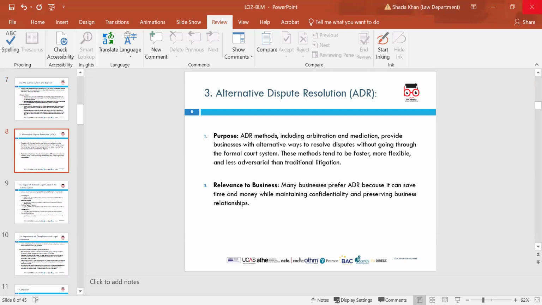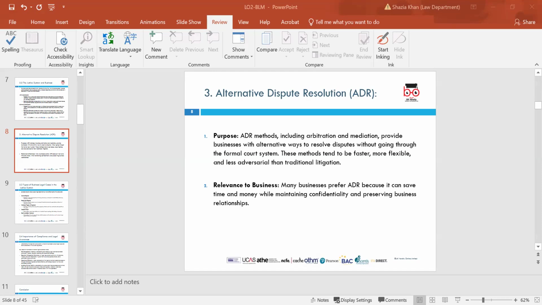So, alternative dispute resolution. Alternative dispute resolution is used to describe ways of resolving a dispute without having to go to court.